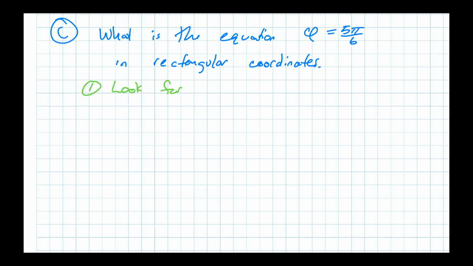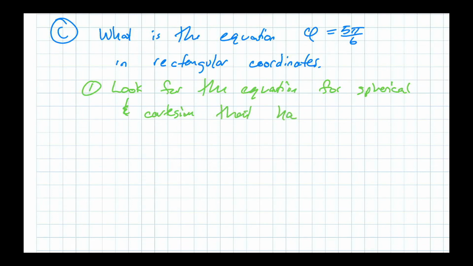Look for the equation for spherical and Cartesian that has phi on one side. That's how I would start. Why are we looking for phi by itself? Because this is phi. So you look at your equations for that.